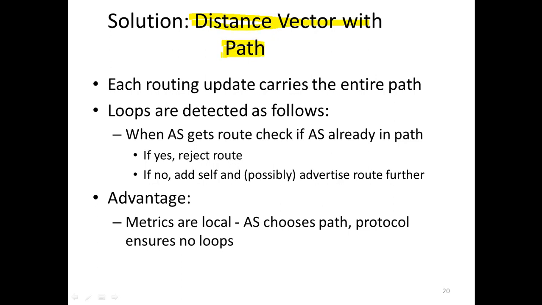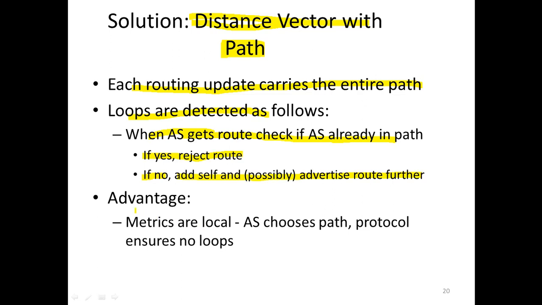It combines the pros of both of these routing types, and it gives you the solution. Each routing table carries the information of the entire path, and loops are detected as follows. When the AS, that is the autonomous system, gets a route, it checks if it already has a path. If yes, it rejects the route. If it has no path, it adds it and forwards the route to its neighbors as well.